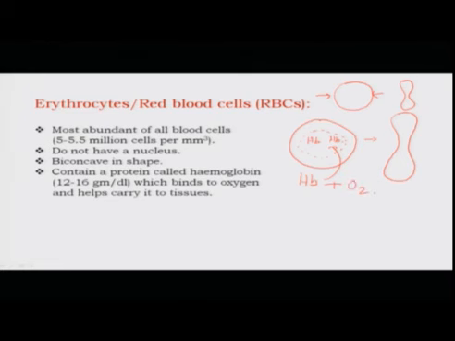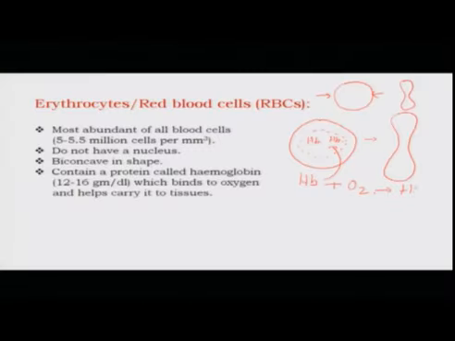And one of the very important functions of the blood that I talked to you about before is the transport of oxygen to the tissues, because in the lungs when we breathe in air, there is an exchange of gases that takes place. So, the oxygen from the air diffuses into our blood, and it is taken up by the hemoglobin that is present in the RBCs, and it binds to the hemoglobin and it forms oxyhemoglobin.